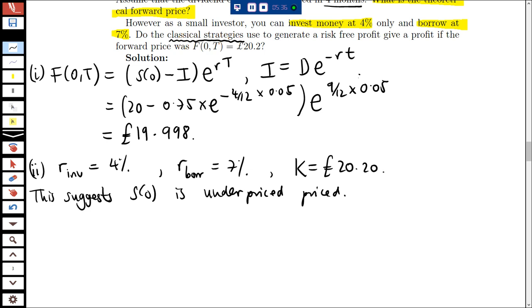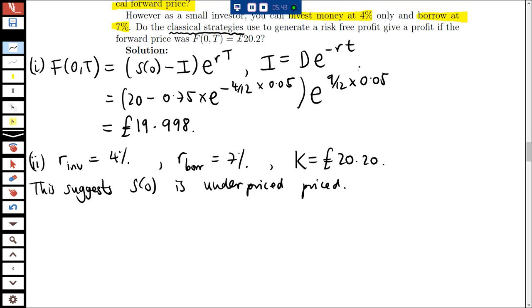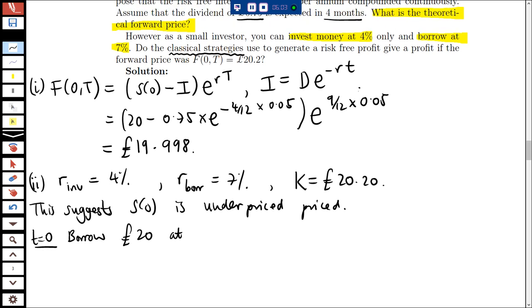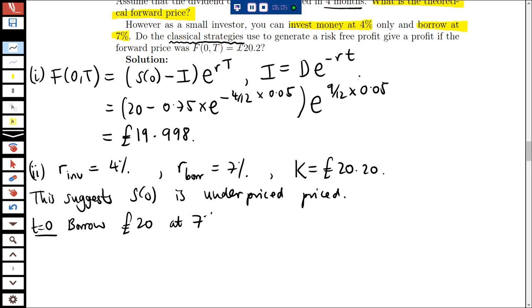Okay, so is there an opportunity to make money in this scenario? Well, if S0 is underpriced, here's the classical strategy. We want to buy the stock, so we need to borrow some money. So we borrow £20 to buy the stock, and we borrow at 7%, buy one share.